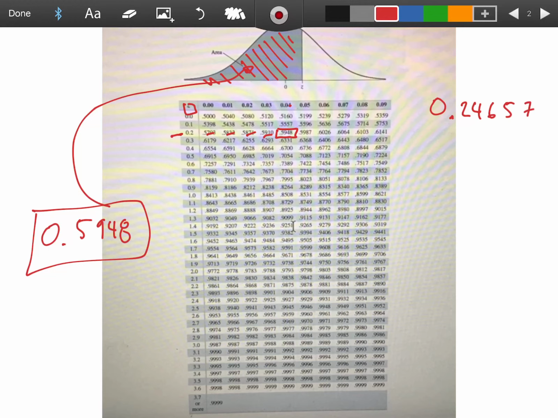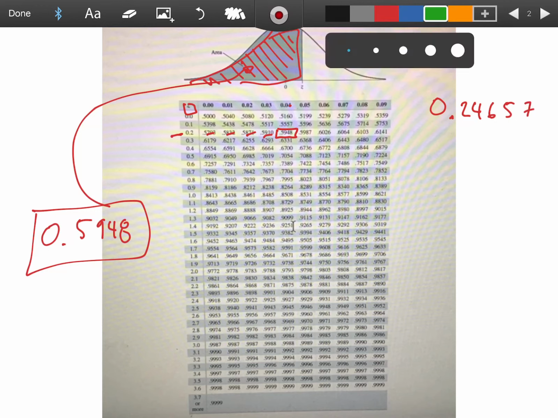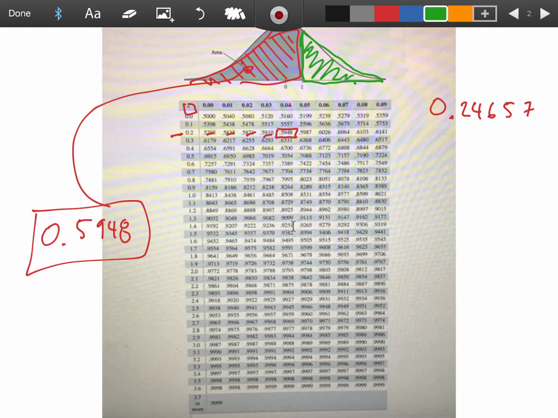So that's an important number. I know that all of this side here is 0.5984, but my question was asking for this other side of the distribution, right? It didn't want to know the chance of me getting a number less than that. It wanted to know the chance of me getting a number greater than that. And that's the green here, okay?